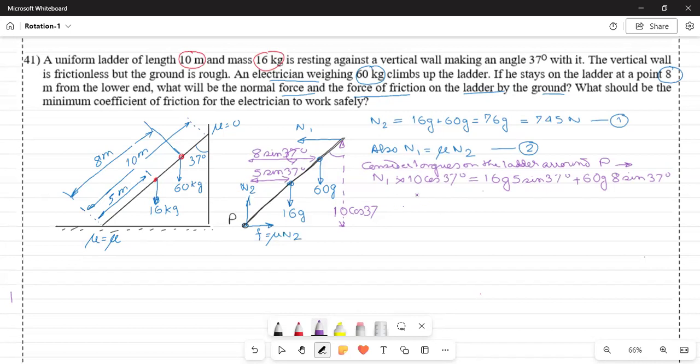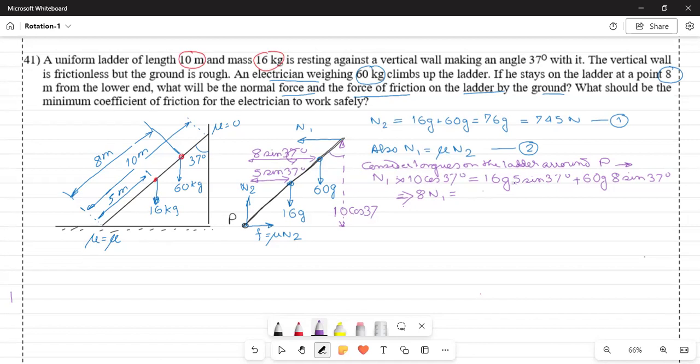Now, if we solve this equation, simplify this, cos 37, we know that cos 37 is 0.8. So 10 cos 37 is 8. So this is 8 N1 is equal to, sin 37 is 0.6.